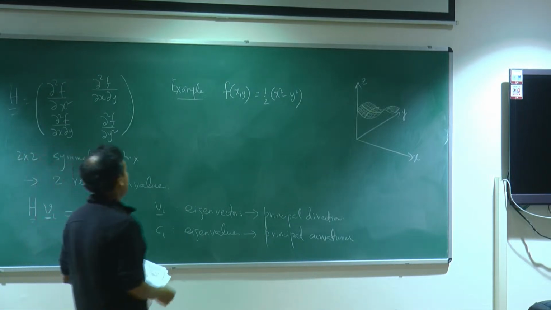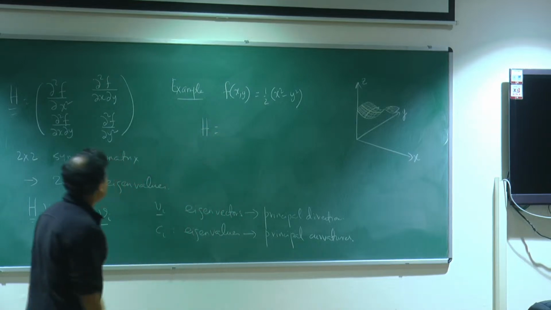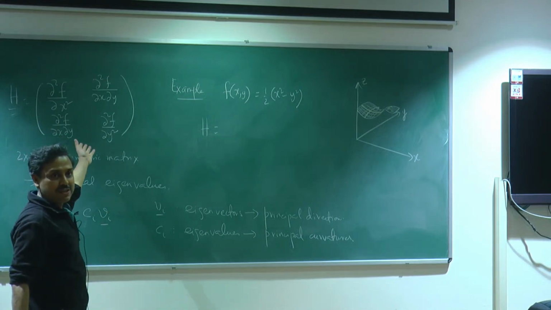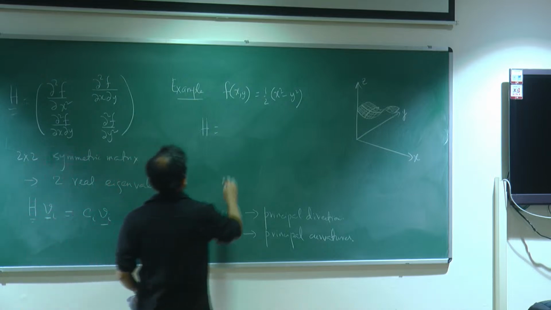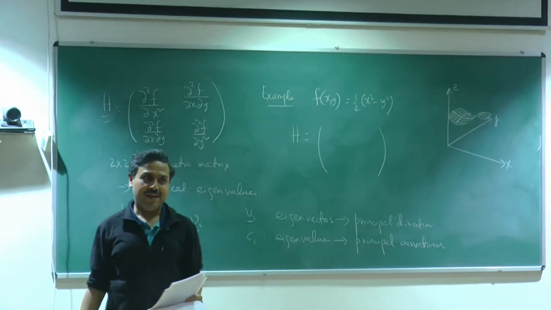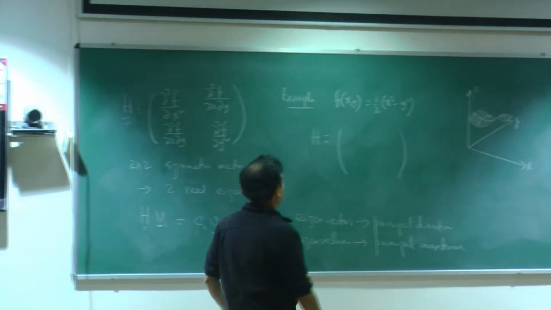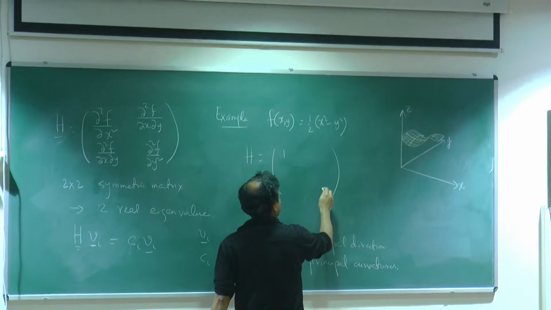So what you can do is to first write down what the Hessian is. You have to quickly find out what this is, write down that form, and tell me what these elements are. You have 1 and minus 1 diagonally.